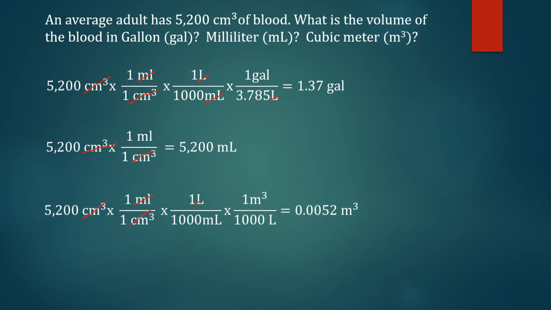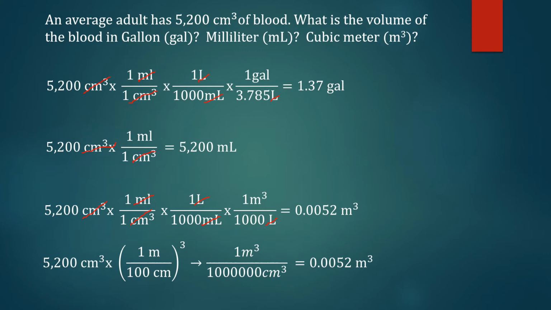Okay, after we have canceled out the like terms, we will be arriving at the answer 0.052 meter cube. Now, this is the second way of it, and it is the easier way of answering this for me.